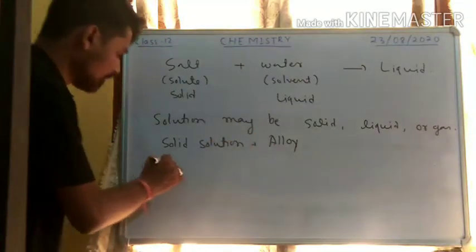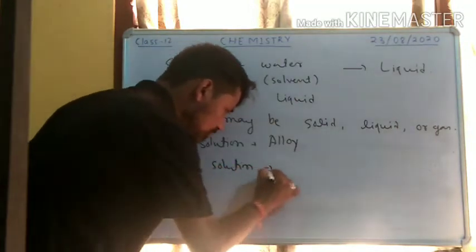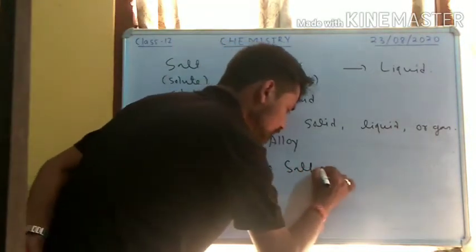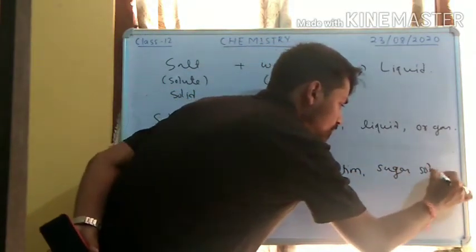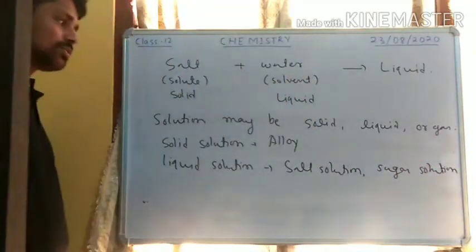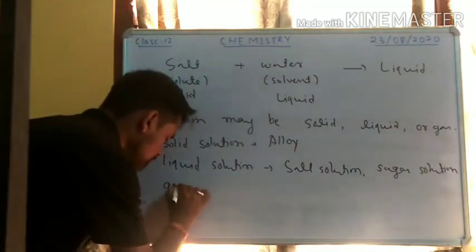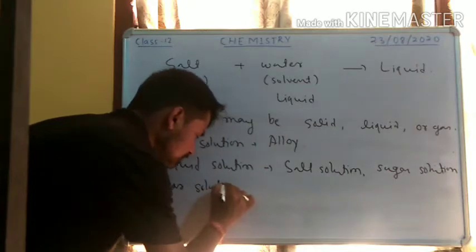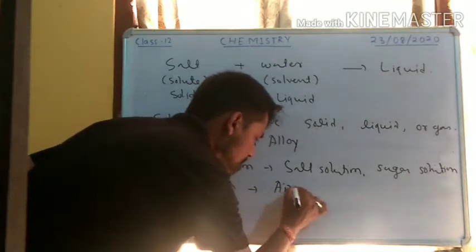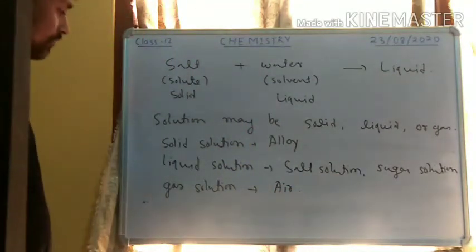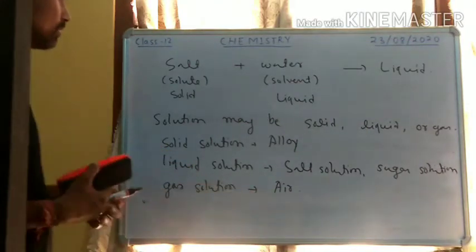Again, liquid solution: salt solution or sugar solution are examples of liquid solution. Next, gas solution. A very simple example of gas solution is air. Air is a mixture of various kinds of gas, and air is gaseous in nature, so air is a gaseous solution.